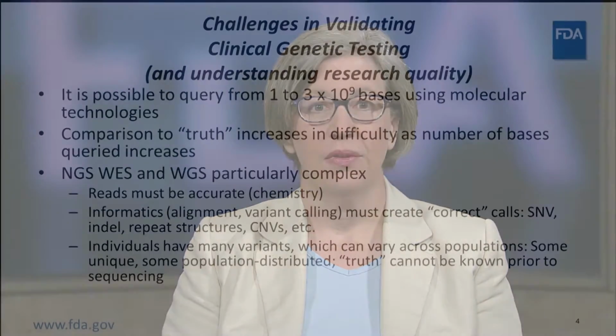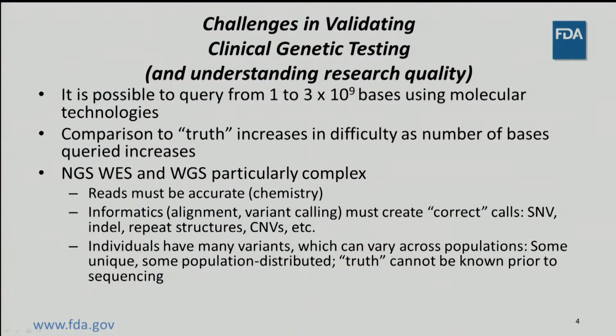And the informatics must correctly assess the sequence quality and assemble the fragments correctly into a linear sequence. Comparison of the sequence is generally to a reference sequence, often the human genome build, and variants must be detected. Since every person will generally have a unique set of variants, it's nearly impossible to know exactly what variants will be found. And this makes knowing what truth is more difficult.